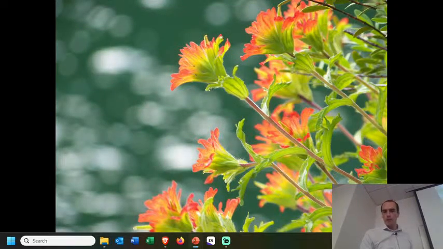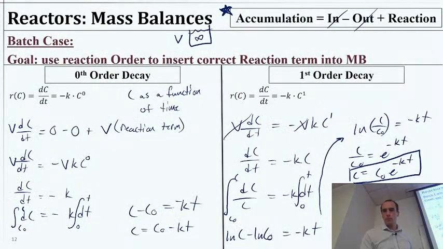So we were talking about the mass balance for a batch case. I gave you a chance to take a look at this, begin deriving it. We wrote all these notes and ultimately said we can find a solution for the concentration of a given substance as a function of time.